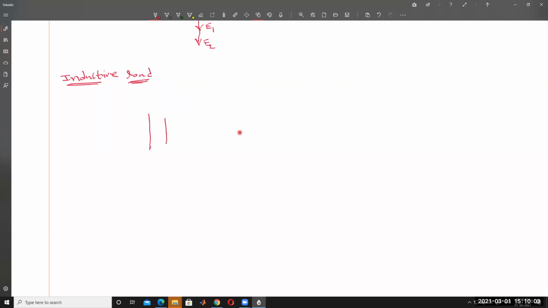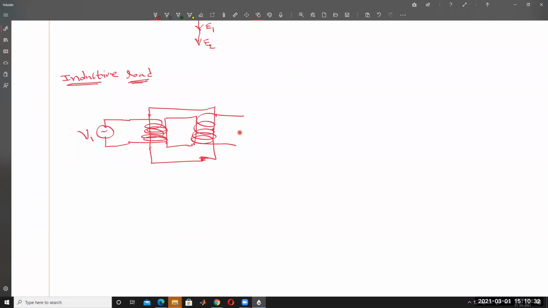This is the transformer core, this is the transformer primary winding, and this is the transformer secondary winding. The primary side is connected to a voltage, that is called V1. The secondary side is connected to a load.